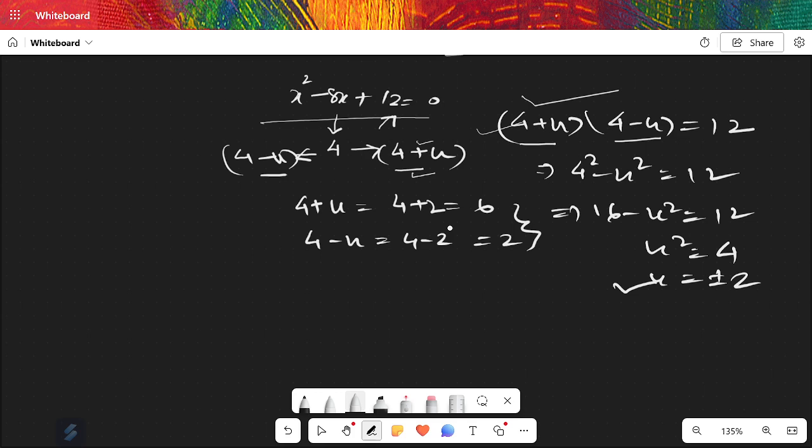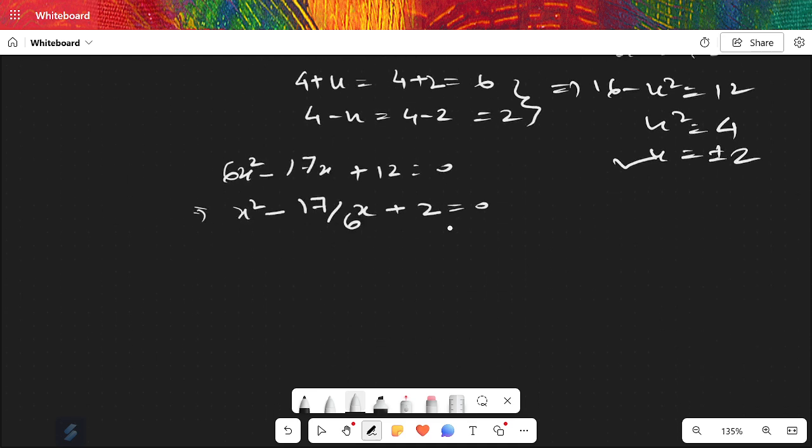Now, if you take some complicated equation like 6x square minus 17x plus 12 is equal to 0, you first convert it into this form. Okay.